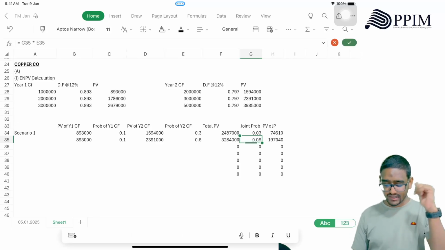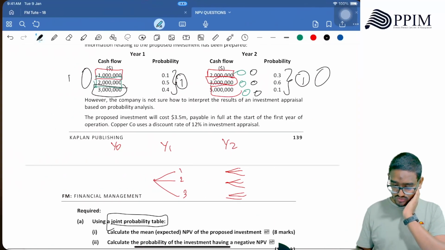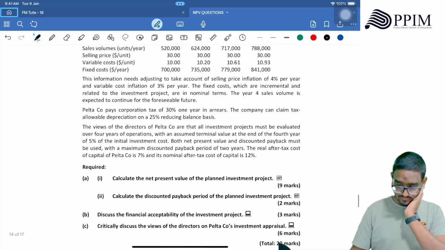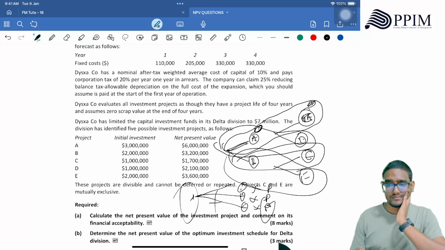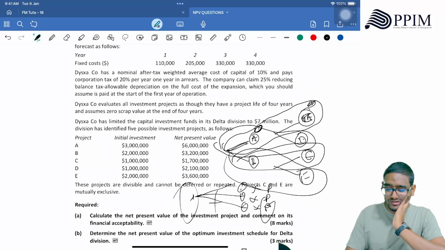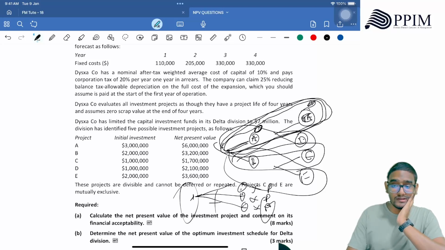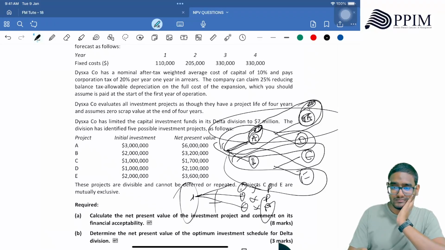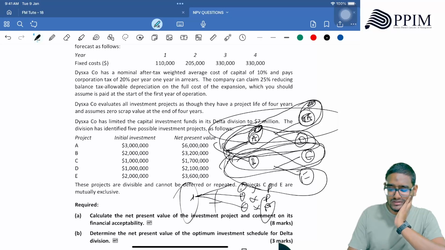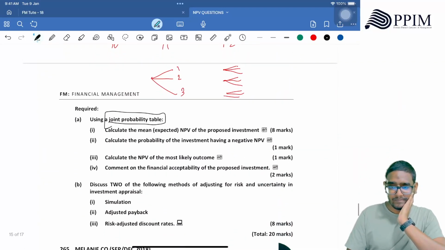So joint probabilities, like I told you in the tree diagram, once you work sideways, your joint probability is the probability of A into probability of C. So the probability of this particular combination occurring is going to be A into C. This combination will be A into D, or this combination will be B into E, this will be B into F. You with me? Okay.